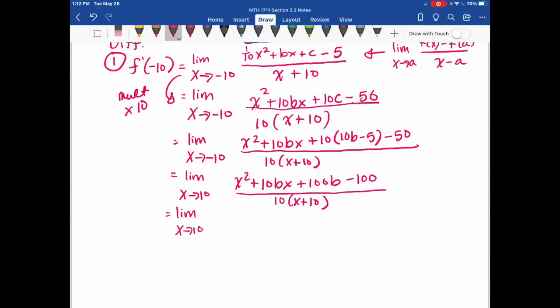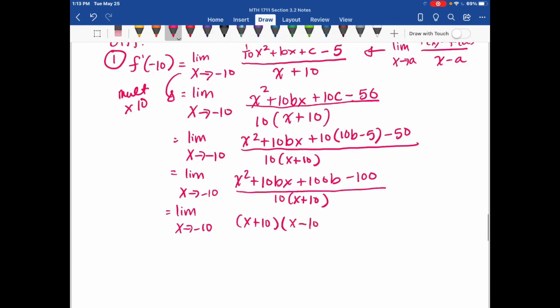Now I want to try to factor this so that I can get rid of that x plus 10 in the denominator, and I can go ahead and use direct substitution. And I just realized that I accidentally dropped my minus, so let me fix that. So the limit as x approaches negative 10 for both of these. Okay, so now if I do a little bit of rearranging and I do factor by grouping, I can get x plus 10 times x minus 10 plus 10b, and that's all over 10 times x plus 10.